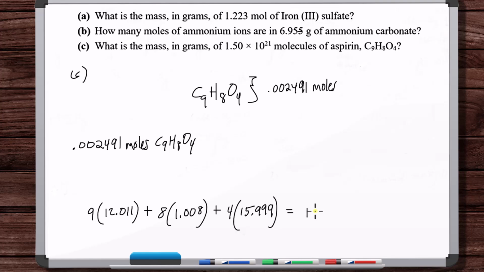That gives 180.159 grams of C9H8O4 for every 1 mole.